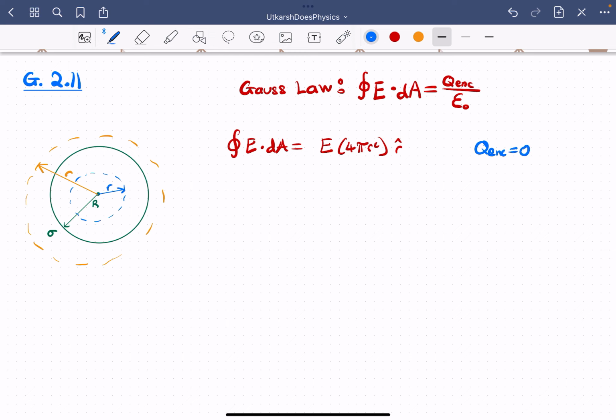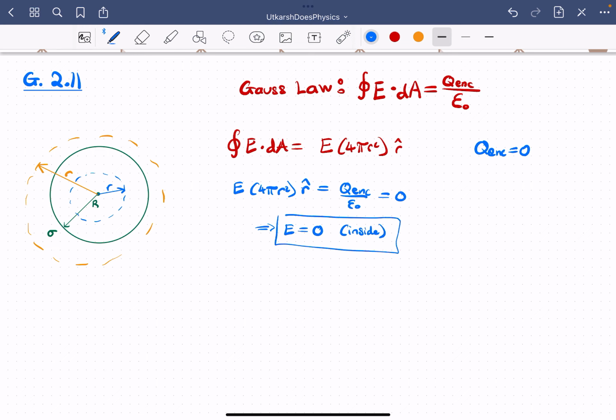And therefore, E times 4 pi r squared times r hat is equal to Q enclosed over epsilon naught, which is equal to 0. Now, we know that epsilon naught and 4 pi will never be 0, and in general, r squared will never be 0 unless you're at the origin. Therefore, this E has to be the one that's 0. So this implies that E is equal to 0 inside.